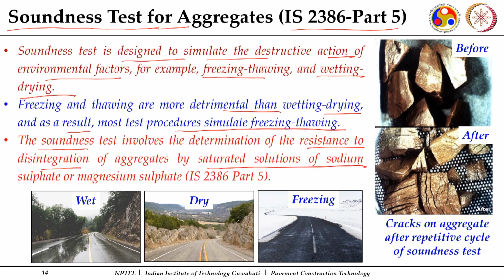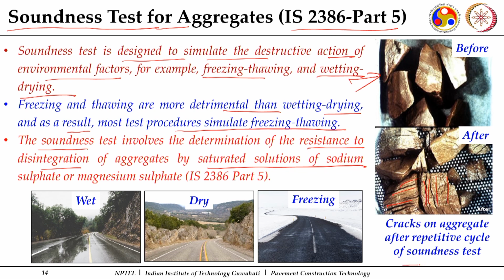Two salts are used, sodium sulfate solution or magnesium sulfate solution, to develop crystals in these aggregates and to see how well the aggregates withstand change in the different environmental factors. When the aggregates are tested with the help of these two salt solutions, later on you can see how the aggregates may disintegrate.